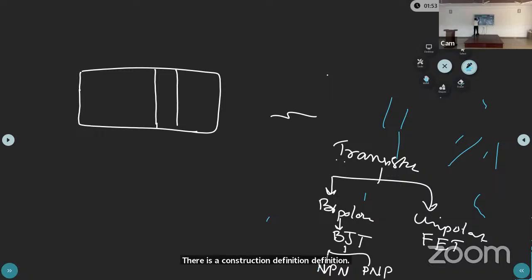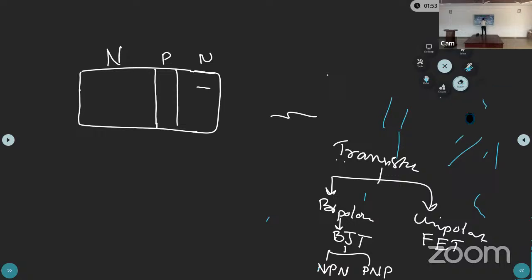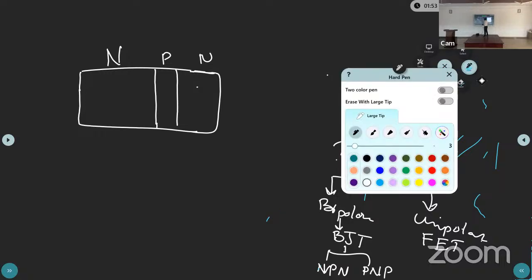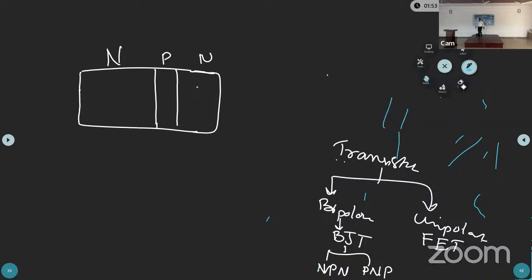Now you can take the NPN transistor. The P-type semiconductor is sandwiched between the two N-type semiconductors.